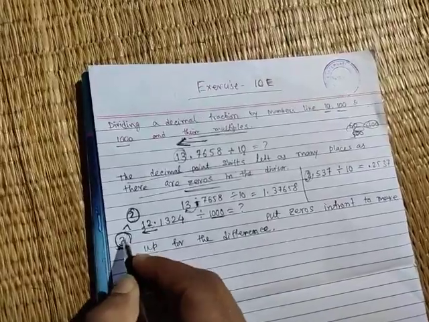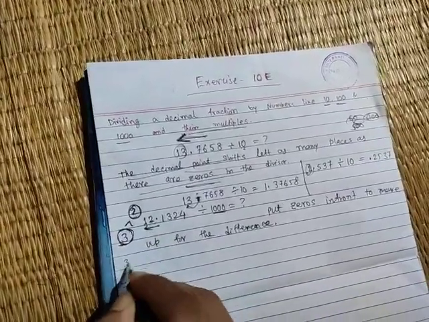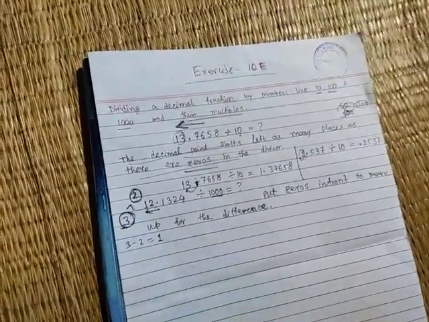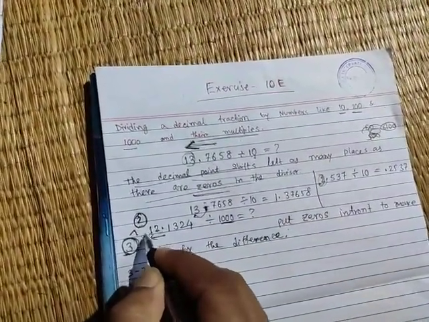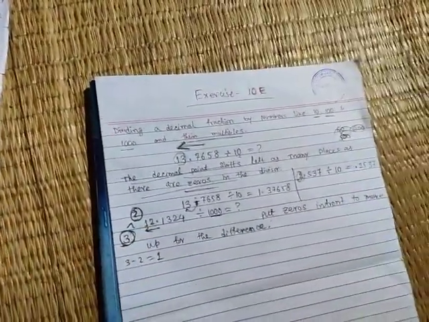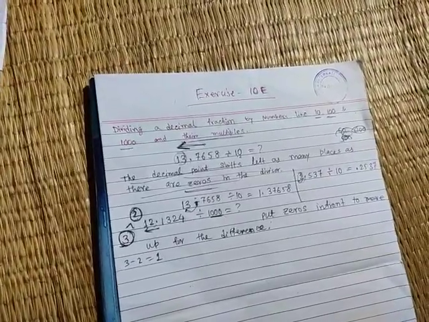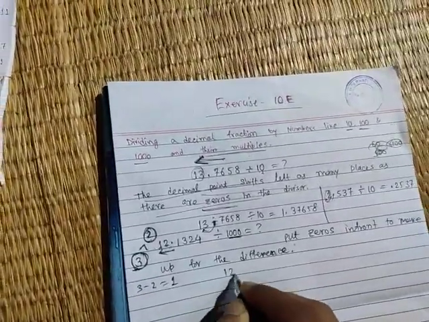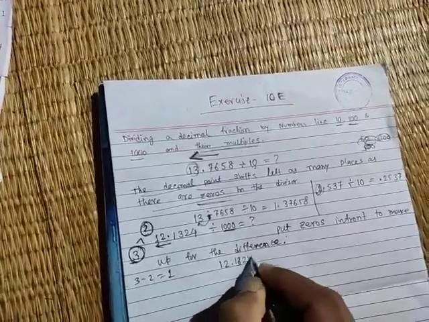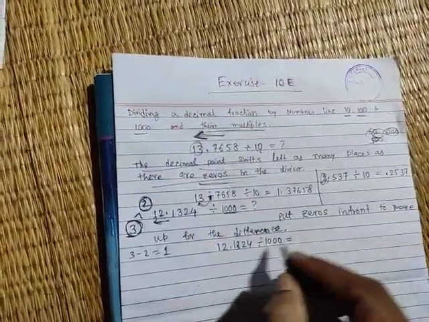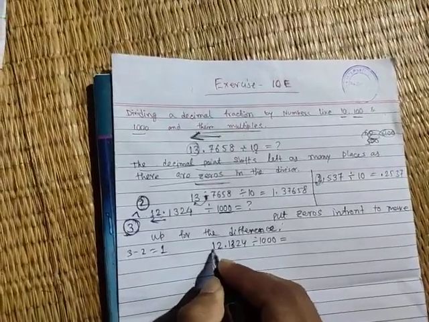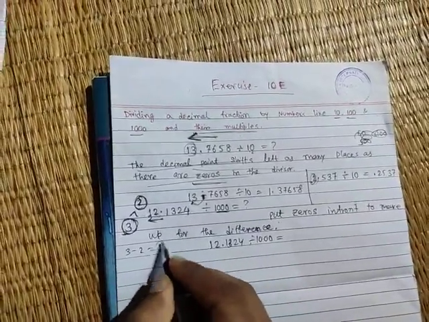So here count the difference. 3 minus 2 is equal to 1. So I have to put one 0 in front of this number. So what will be the answer? 12.1324 divided by 1000 is equal to, so 12, and what is the difference?